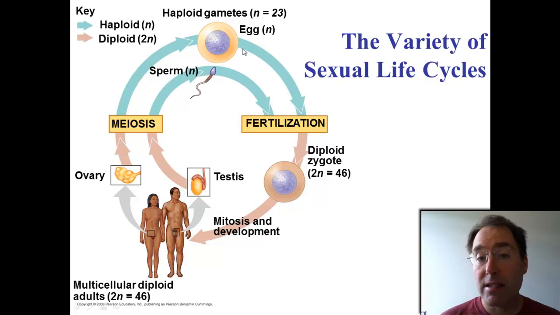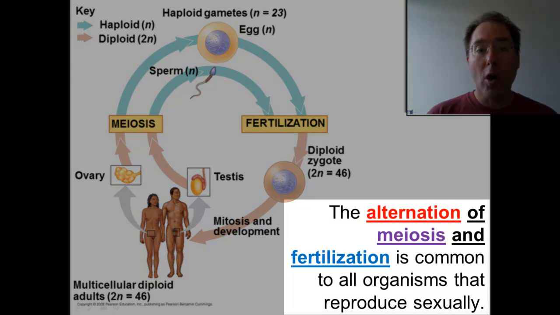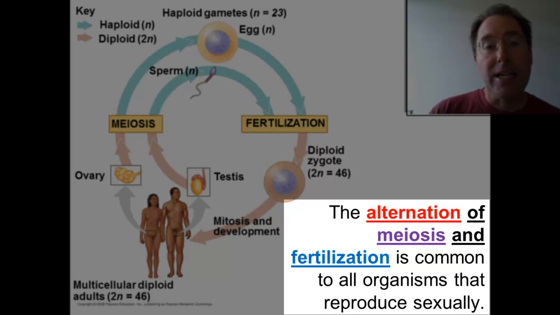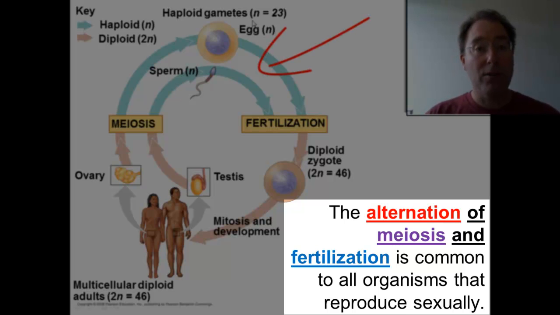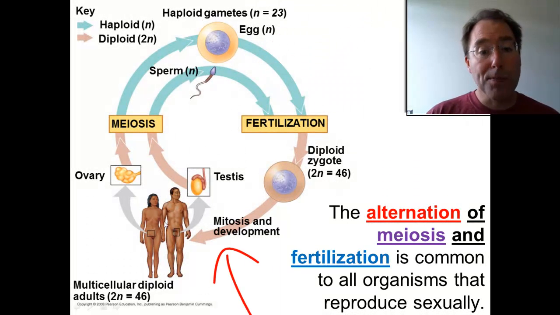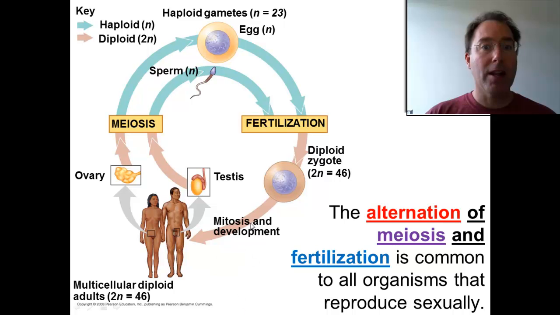This is the life cycle of a human here, and it's called alternation of generations. There's a gametophytic or gamete-rich part of the generation of the human up here, and then a sporophytic phase of human development down here. You're going to see those two terms.